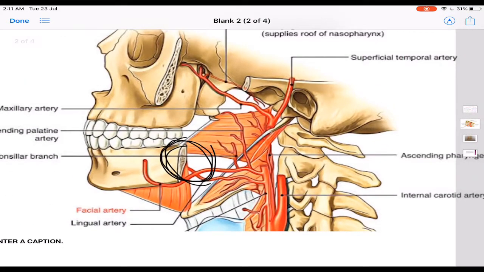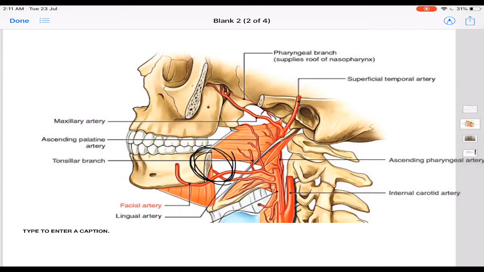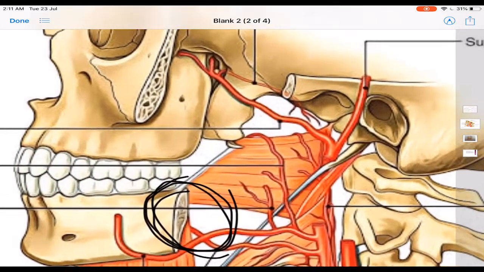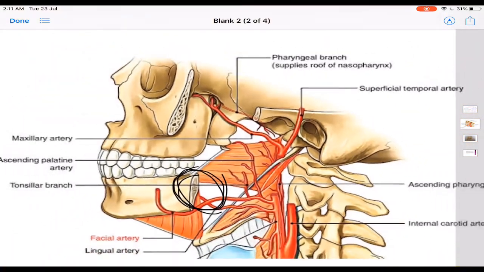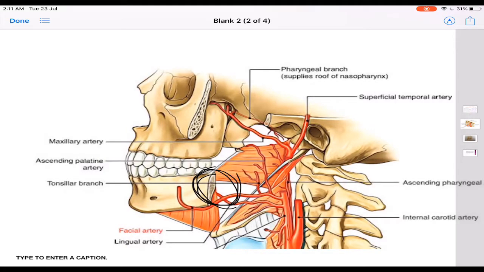Okay, so the ascending palatine would be supplying the auditory tube, as I said, the palatine tonsil, which is a part of the Waldeyer's ring, the superior pharyngeal constrictor muscles, which is a part of the pharyngeal musculature system, and of course the soft palate, which covers the posterior part of your oral cavity.